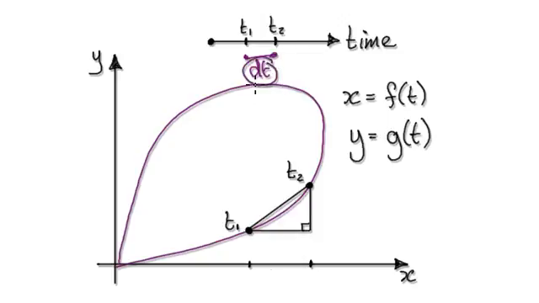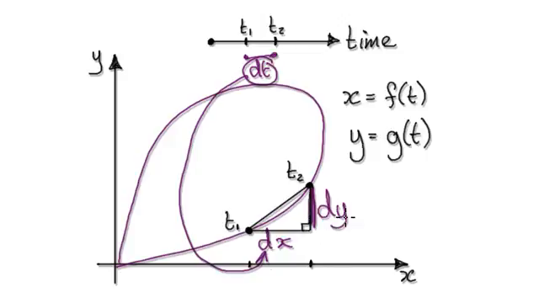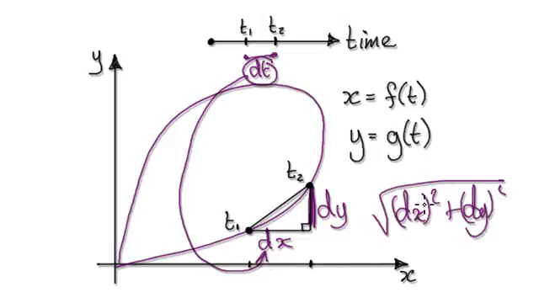And then a small change in time would result in an infinitesimally small change in the x direction, and also an infinitesimally small change in the y direction. And then from this we can say the square root of dx squared plus dy squared would give us ds.